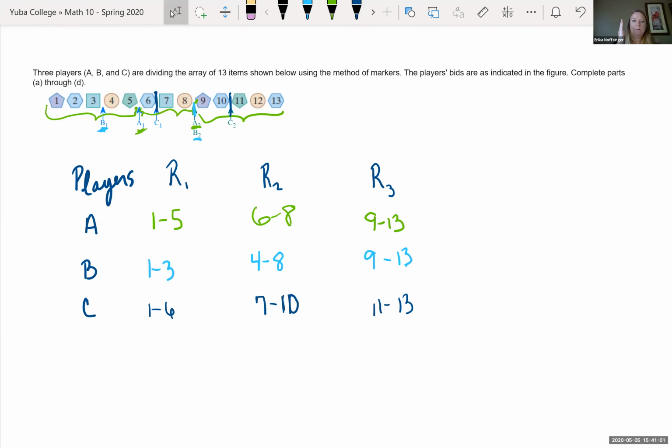The first marker that comes up for round 1 is player B. Because that marker came up first, we give them that share, items 1 through 3.